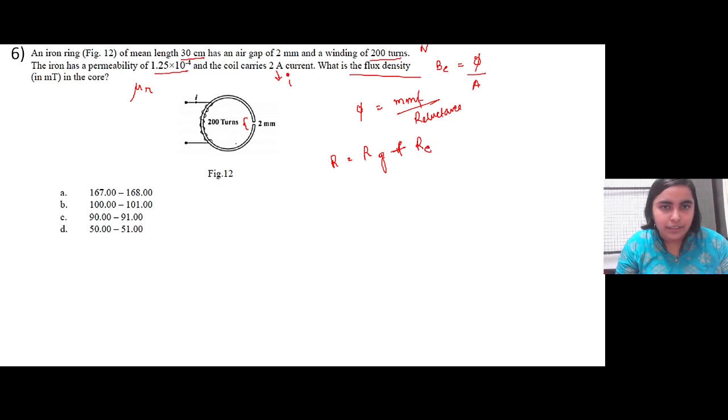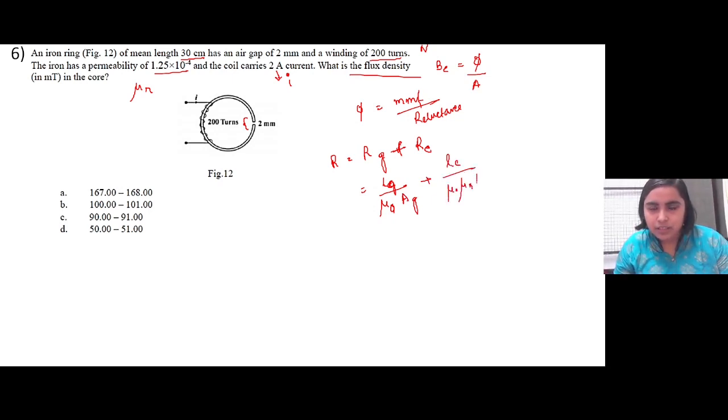In here it is the iron core, so it is Lc by... sorry, this is gap, right? What is the gap? 2 millimeter. So mu naught times area, will write as gap. Then this is Lc by mu naught mu r times area of the core.